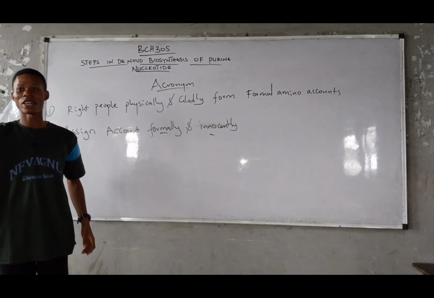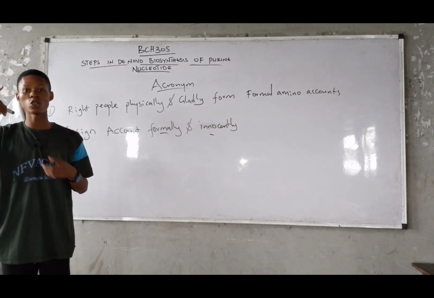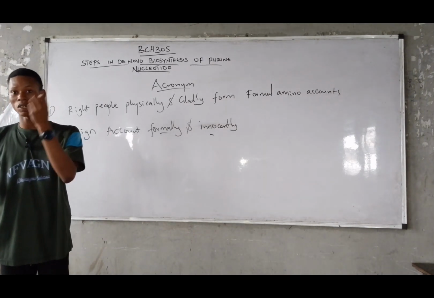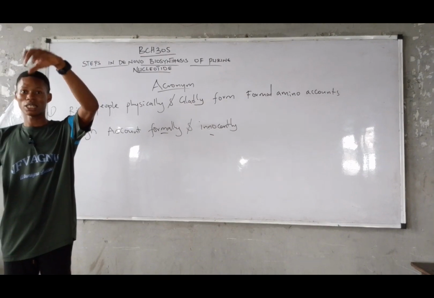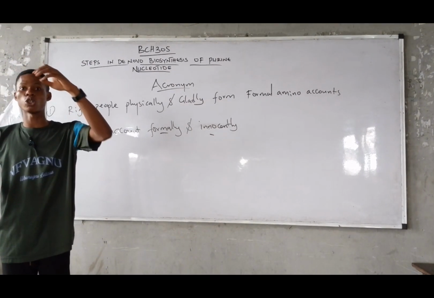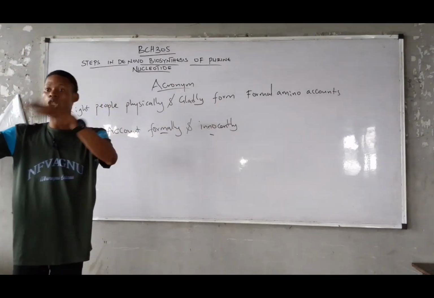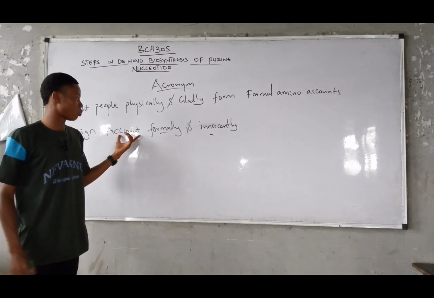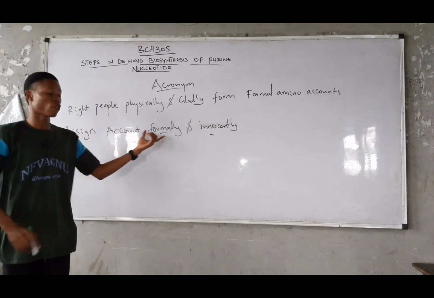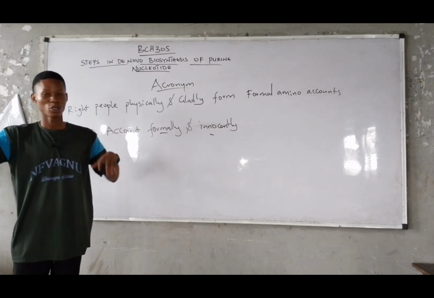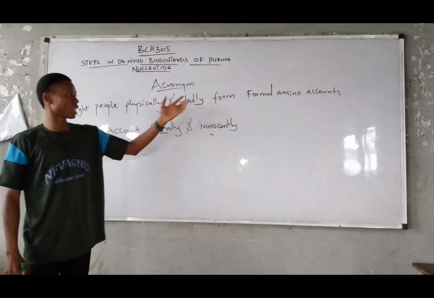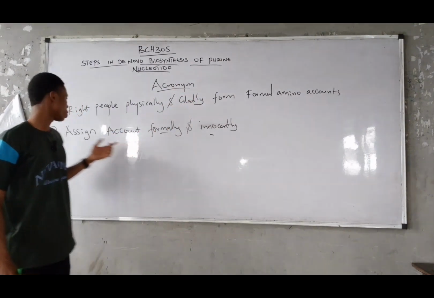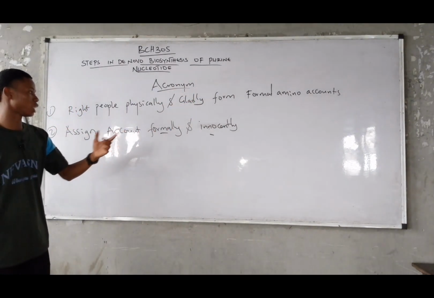If you are a right person, you will physically go to the bank to open an amino account. The person serving you, if it's a right person, will not be biased, will not say, I know this one, so let me open account for this one first. The person will assign account, open the account formally and innocently.